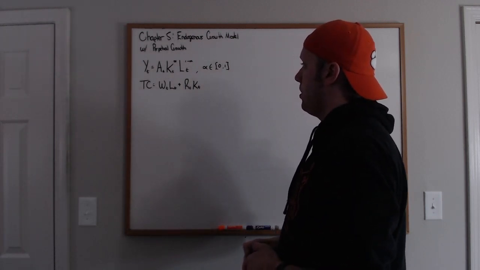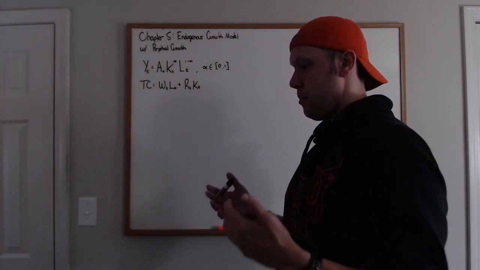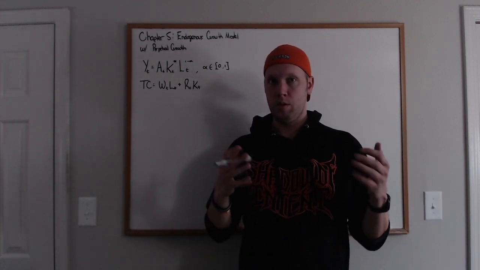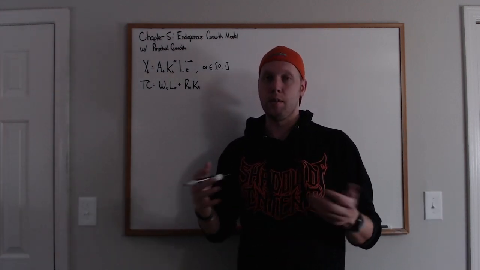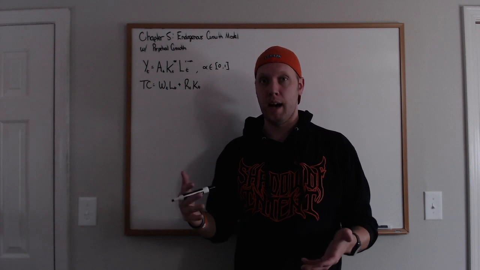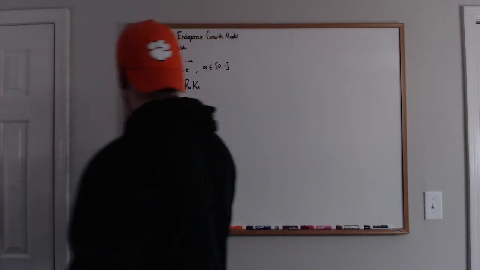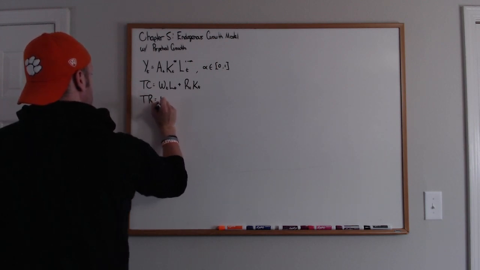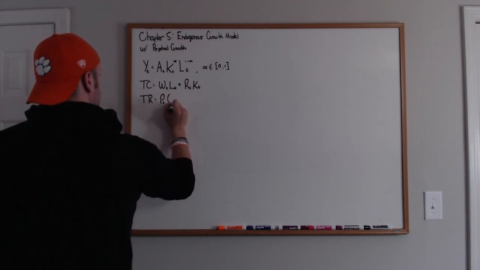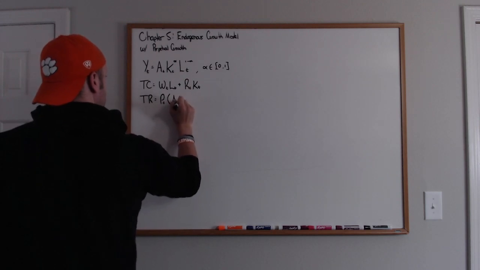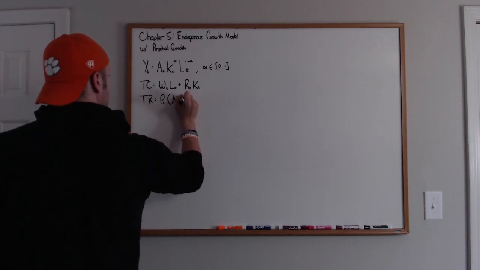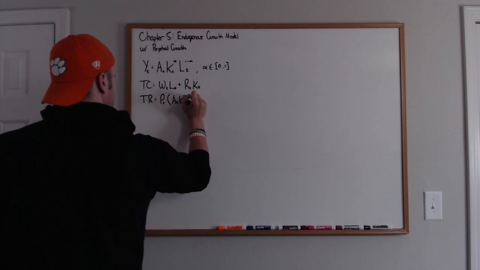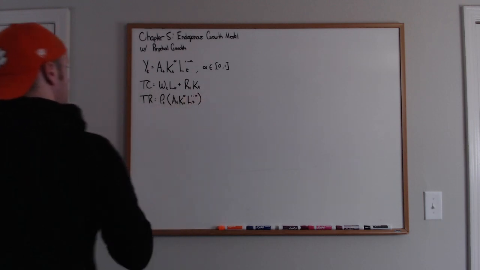Now, if you remember, profits are total revenue minus total cost. Total revenue is price times output. So total revenue equals the price times our output. Like this.